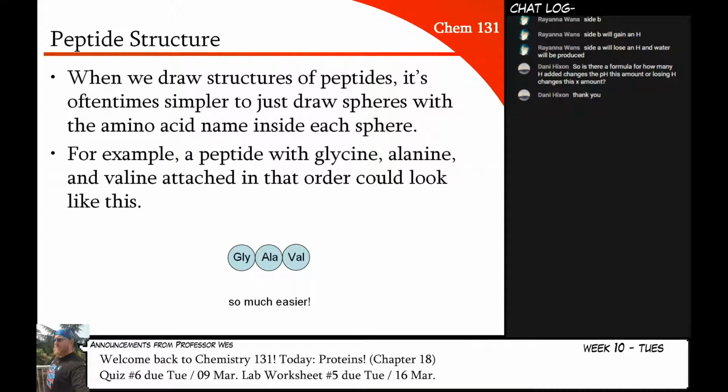So if I link 3 amino acids into a chain like this, my polypeptide of 3 could be represented like this, Gly-Ala-Val. Now, I could also use the 1-letter codes from the amino acids chart, which timed out on me. There we go.